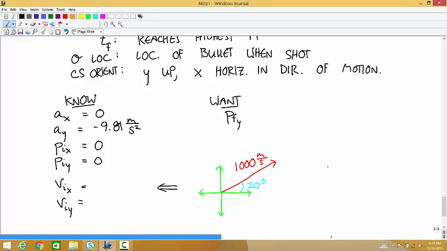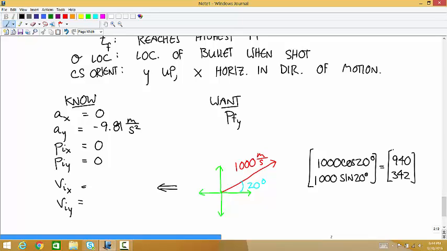So this initial velocity vector is 1,000 times the cosine of 20, 1,000 times the sine of 20, which is 940, 342. So VIX is 940 meters per second. VIY is 342 meters per second.